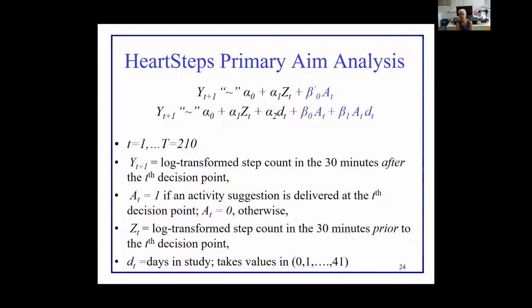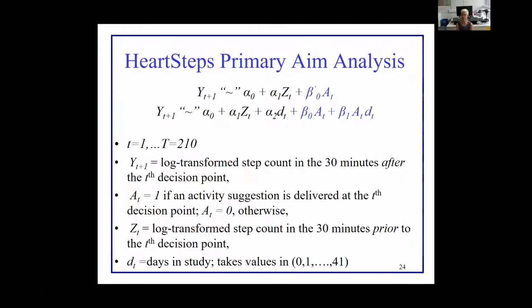Here's our conceptual models. Again, I didn't emphasize this before, but I do want to emphasize we shouldn't view these as models, data analytic models, in the sense that we're trying to really model how Y_{t+1} evolves through time. That's not what's going on here.